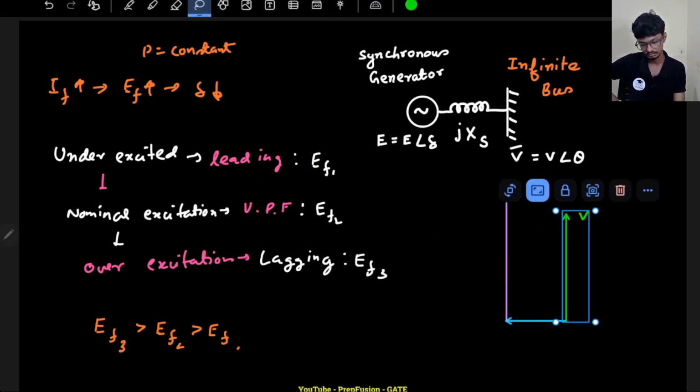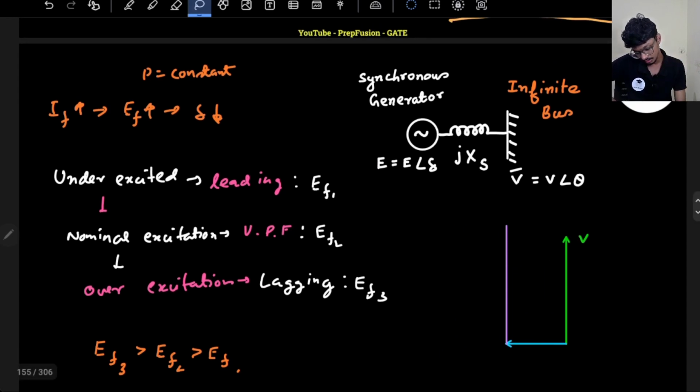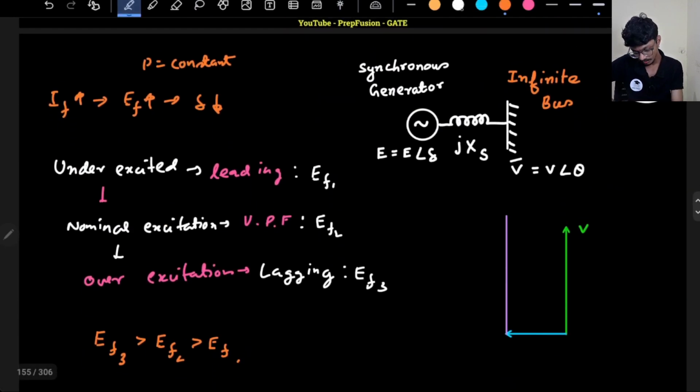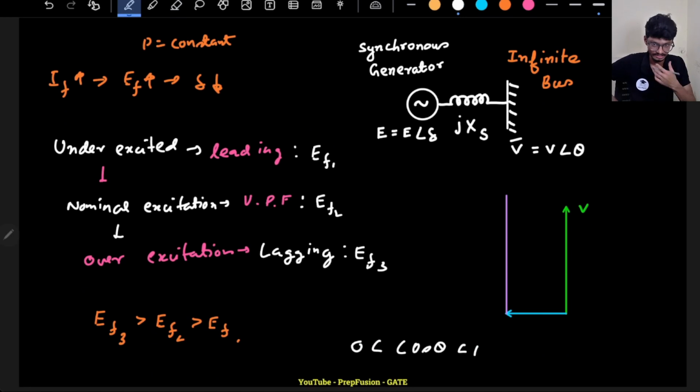The first one is this Ia cos theta. I have told you that this Ia cos theta is constant. If you notice, what is the range of cos theta? The range of cos theta is between 0 and 1, but it has a special range.